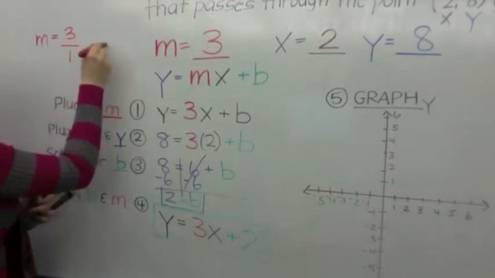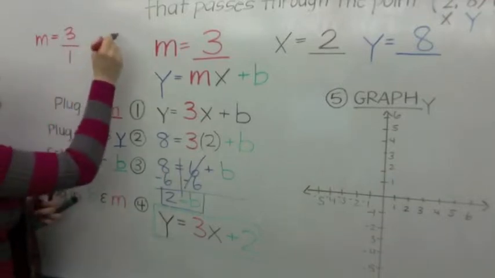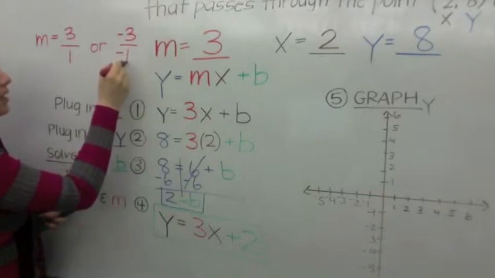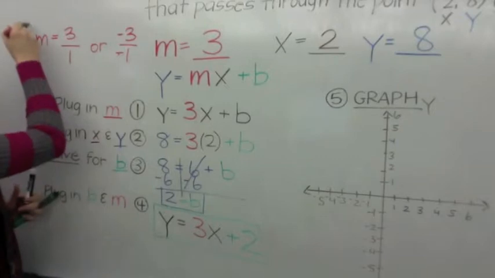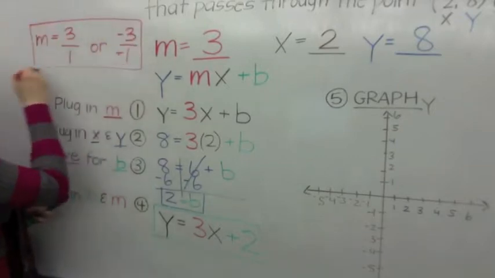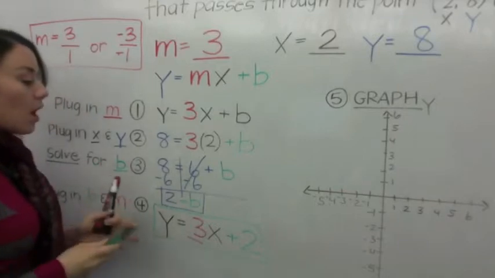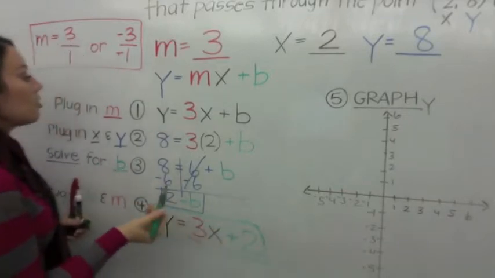Or you could also have, because positive 3 over positive 1 is the same as negative 3 over negative 1, because negative divided by negative is positive. So remember that when you go to graph, you have m, it's 3.